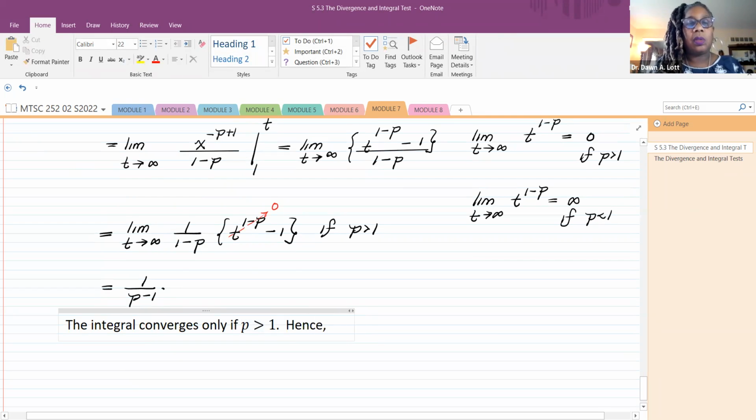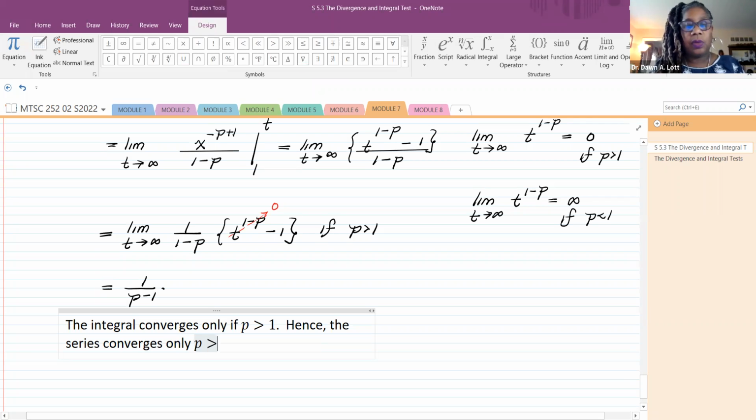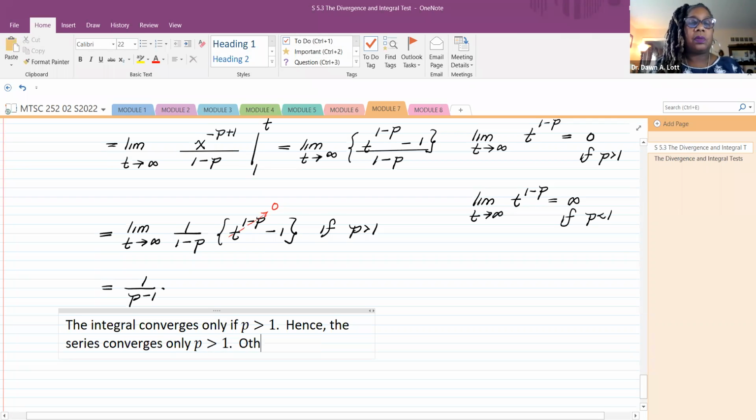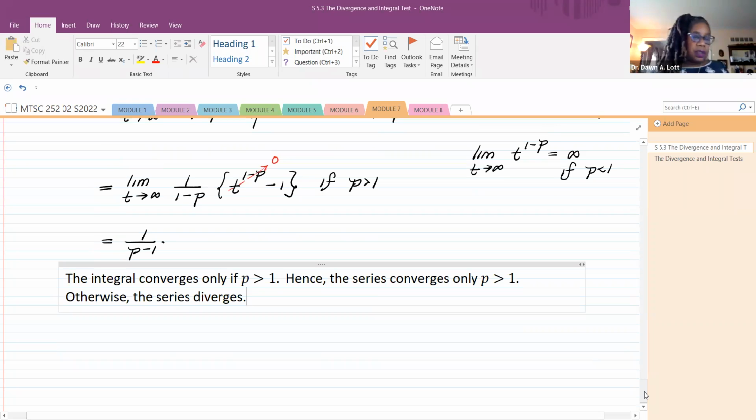Hence, the series converges only if p is greater than 1. Otherwise, the series diverges. Okay. Any questions?